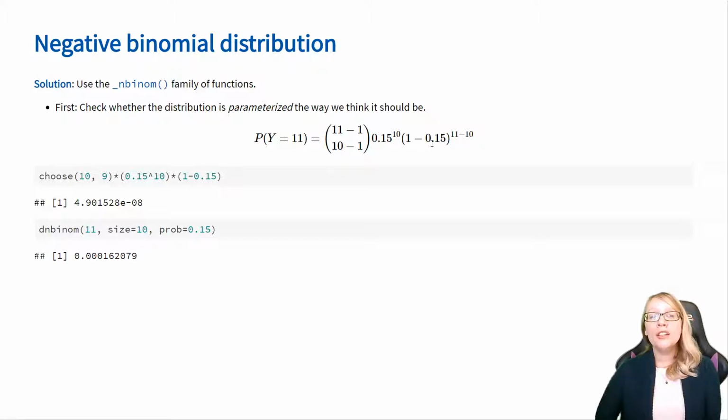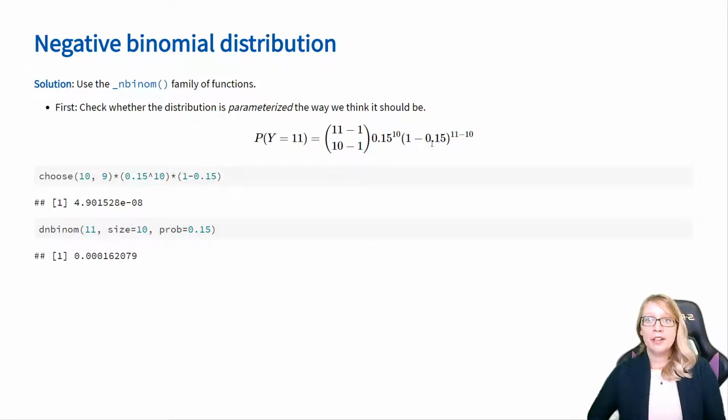In R, we can use the nbinom family of functions to help us calculate these probabilities. Given our experience with the geometric though, it's probably best to just try an example to see whether or not this is parameterized the way we think it should be. So let's start by finding the probability that we find the 10th success on trial number 11, the probability that Y is equal to 11.